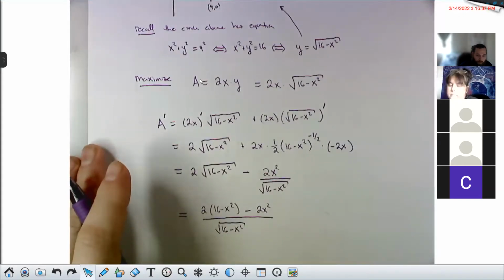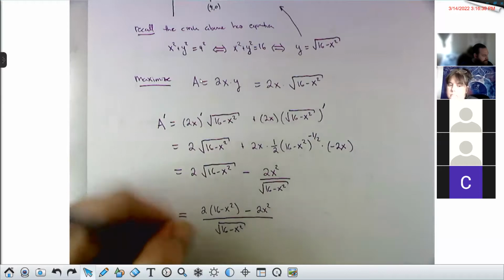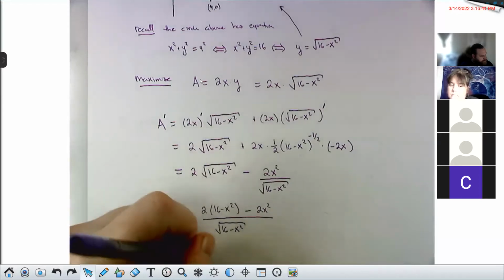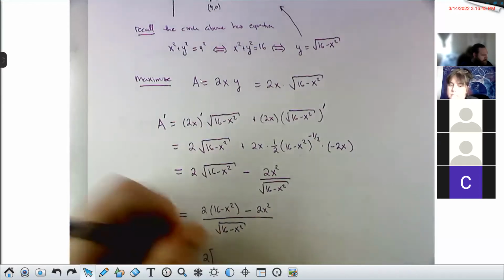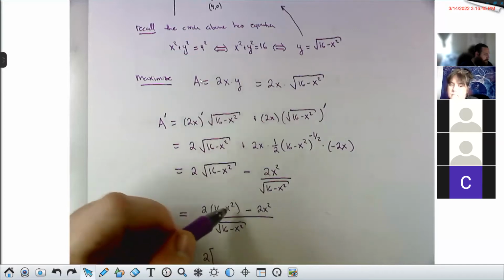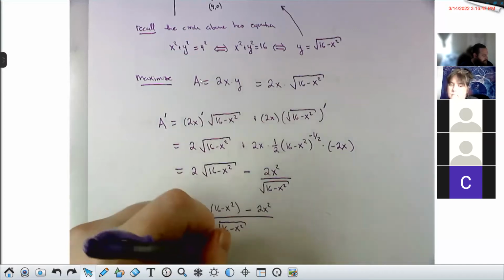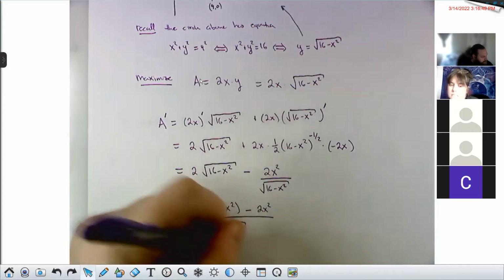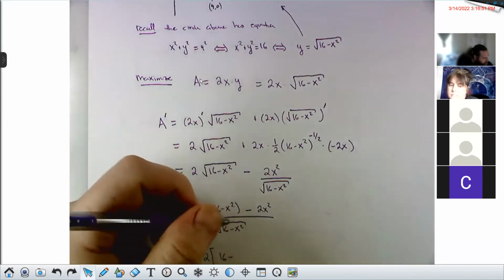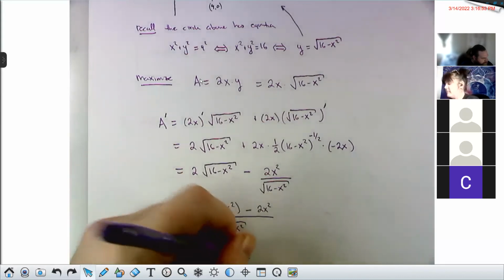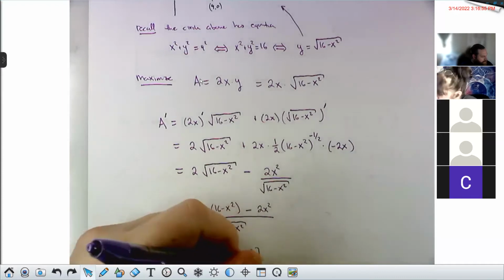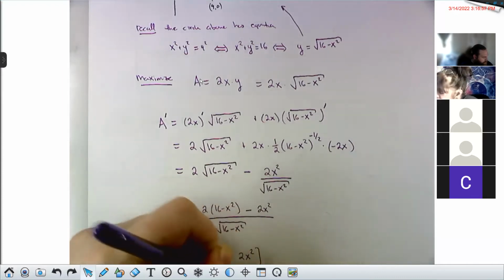We can factor out a 2 and combine like terms. We'll have 16 minus x squared minus x squared. That's 16 minus 2x squared over the square root of 16 minus x squared.